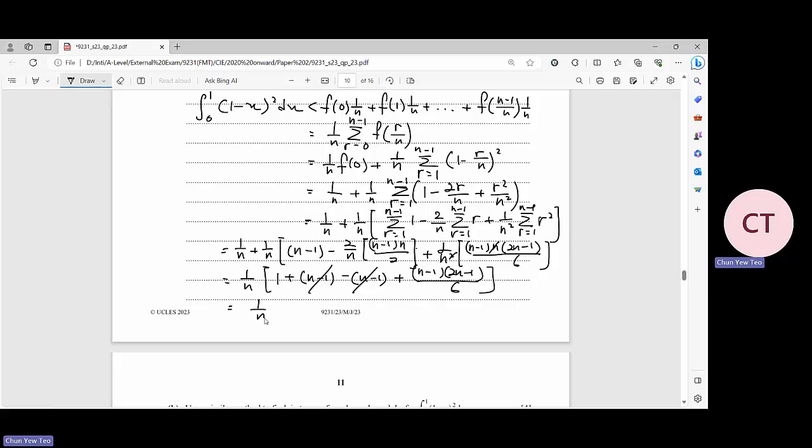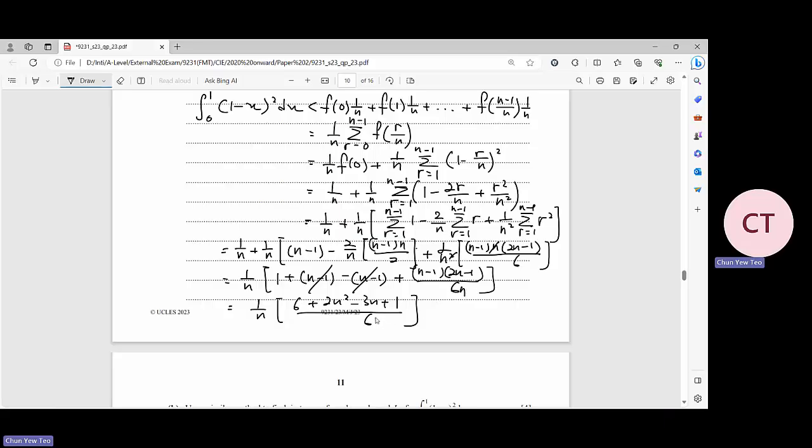Then here, it will be 6 plus the 2n squared minus the 3n plus 1 divided by 6. Oh, this is a 6n.